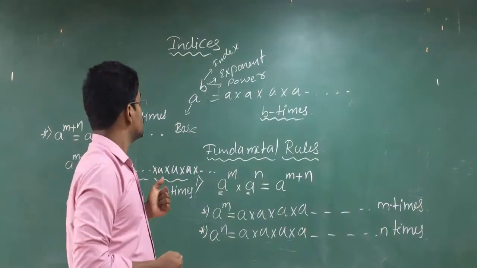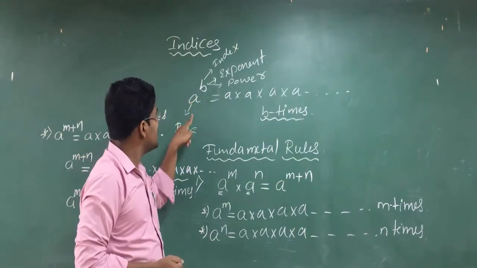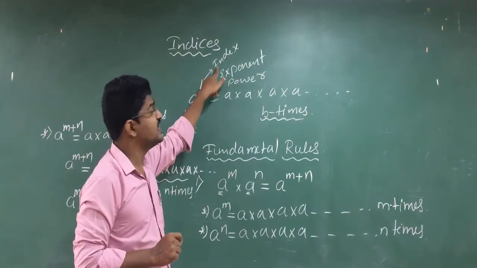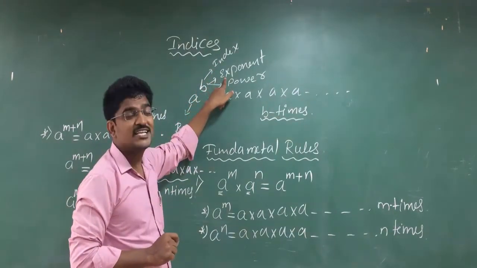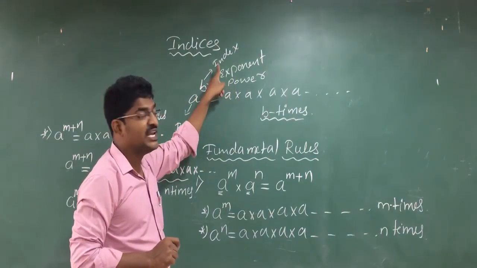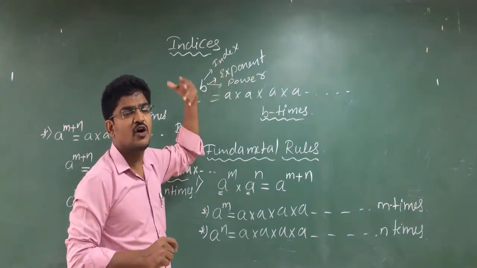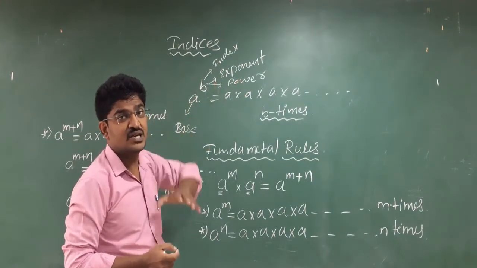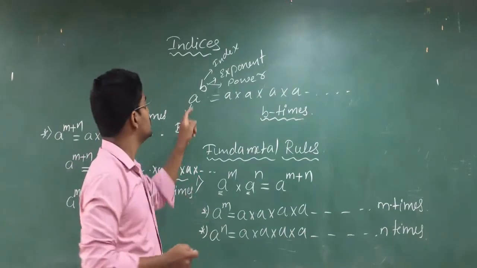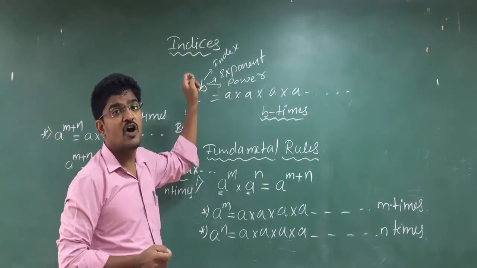In this, a is called the base, and b is called either index, exponent or power. You can call any one of these three, or all three, no problem. But generally we read it as a to the power of b.